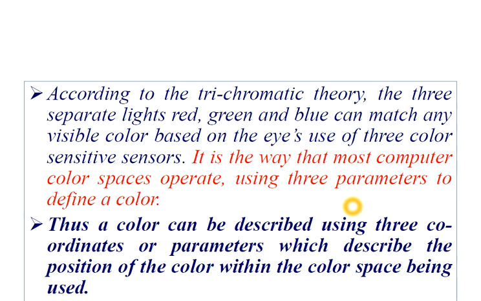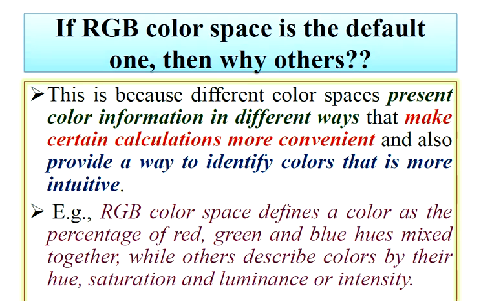That is the question taking our mind. So, if RGB color space is the default one, then why others? This is because different color spaces present color information in different ways that make certain calculations more convenient and also provide a way to identify colors that is more intuitive.